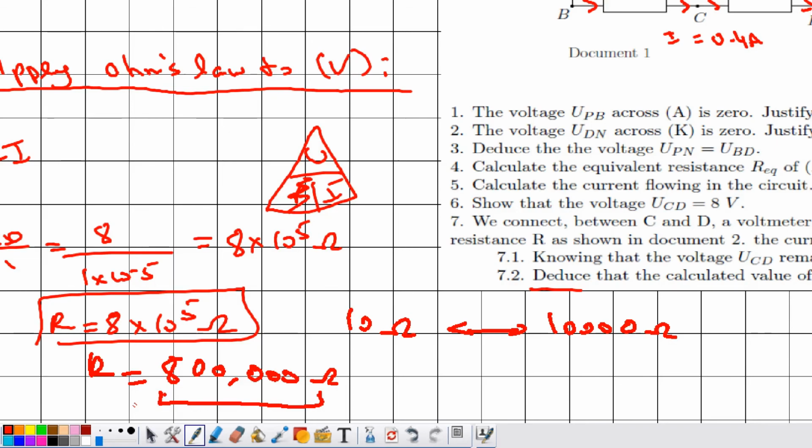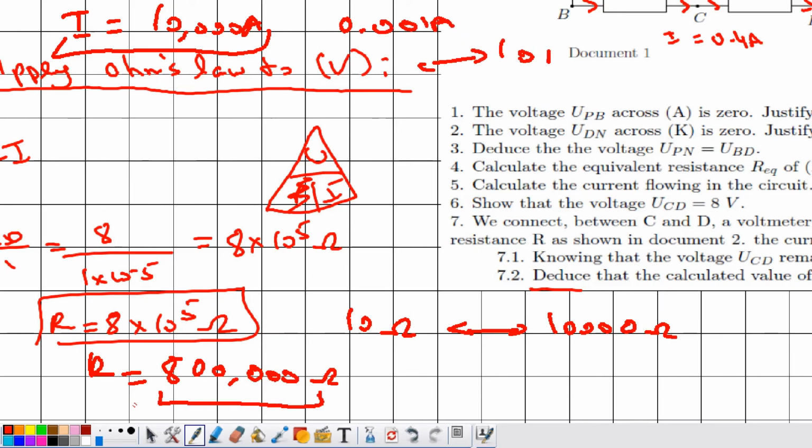So whenever we face such a number, it means that this resistance is very high, because previously all the values that we have faced range from 10 to 10,000. This is similar to saying that a current is of value, for example, 10,000 amperes. This is extremely large, because all the currents that we have faced previously range from 0.001 amperes to at most 10 amperes. So always we need to keep an eye on the order of magnitude.